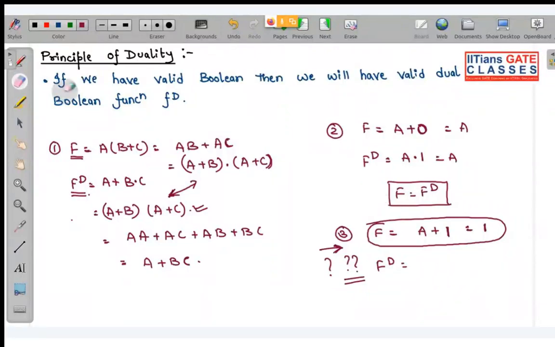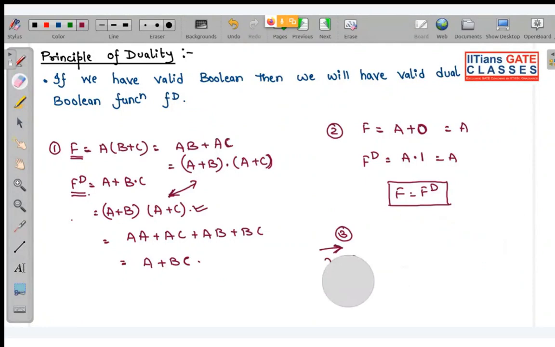Usually we don't revise such kind of concepts, so we forget. Look over here. I might have confused you a little bit. So F is equal to A plus 1. This is equal to 1.